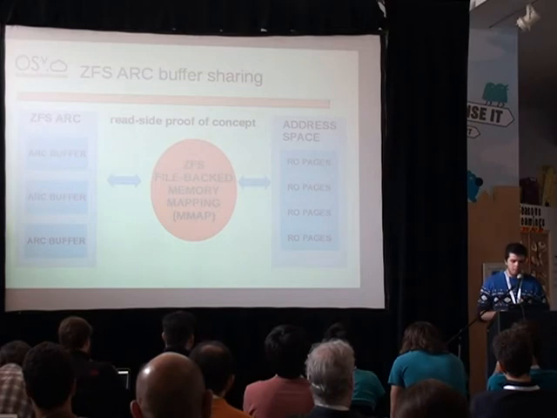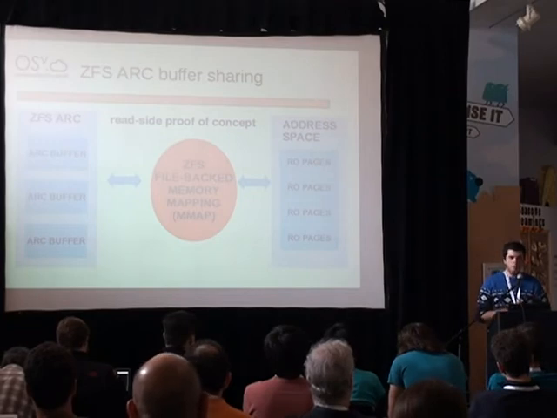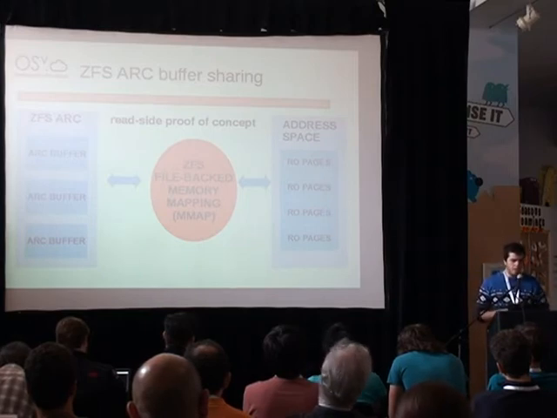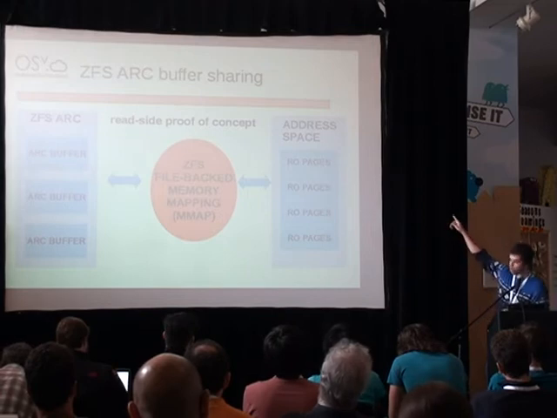But I should really say that it's limited to reads for the time being. Upon write, you will end up with a copy on write on those read-only pages. So for the time being, we get those ARC buffers and map them into the address space with the read-only flag.